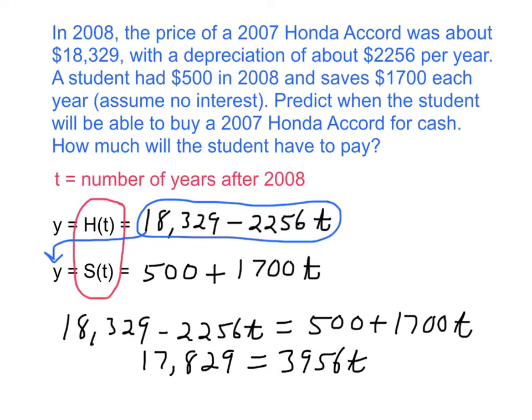And then we can just solve for t by dividing both sides by 3956. And when we do that, t comes out to be 4.507.